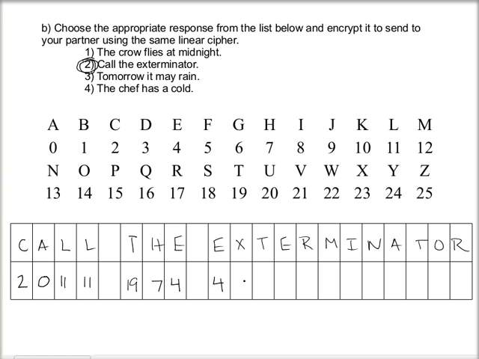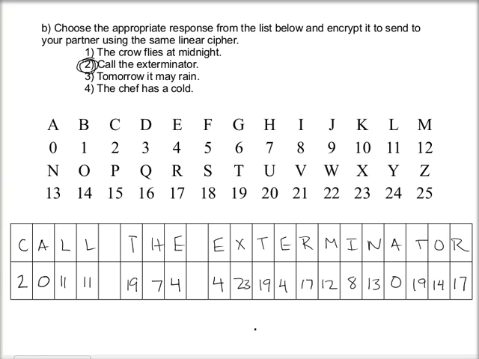Got another E. X is 23, T is 19 again, E is another 4, R is 17, M is 12, another I is 8, N is 13, A is 0, T is 19, O is 14, and finally R is 17. So now I've got my message translated into position numbers.